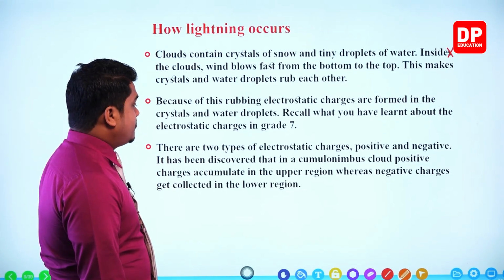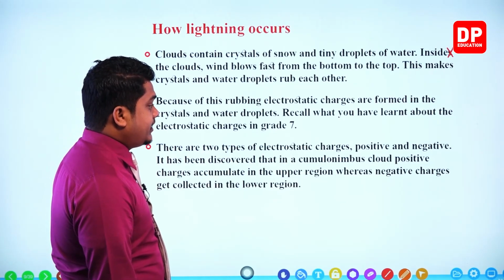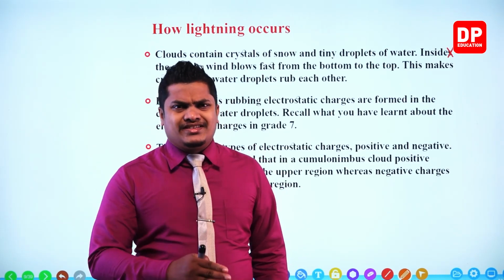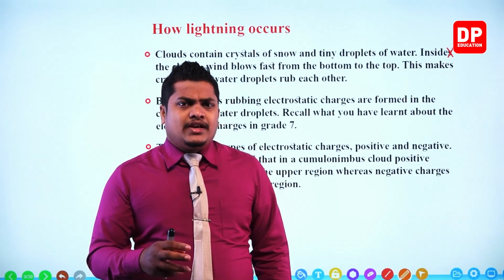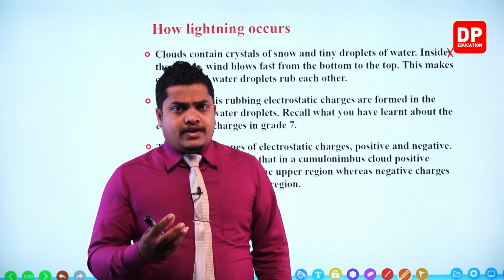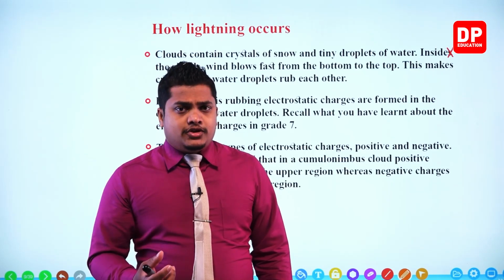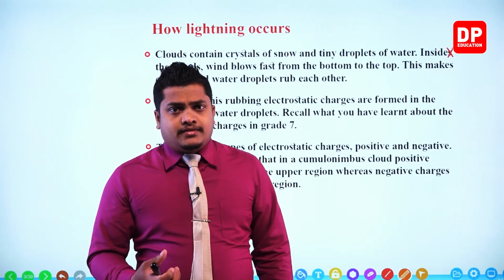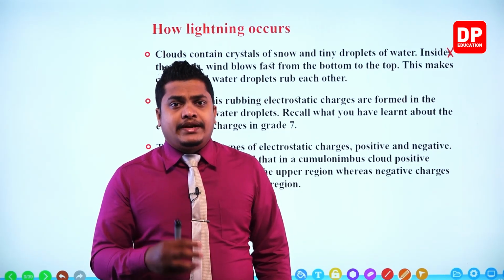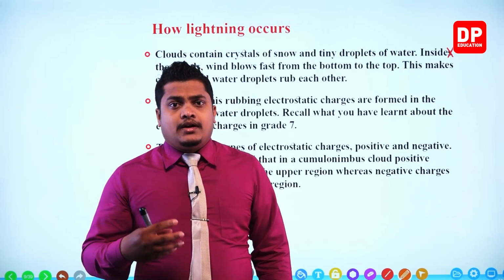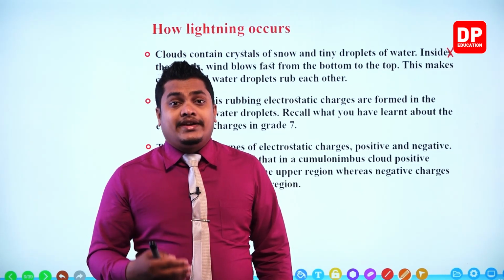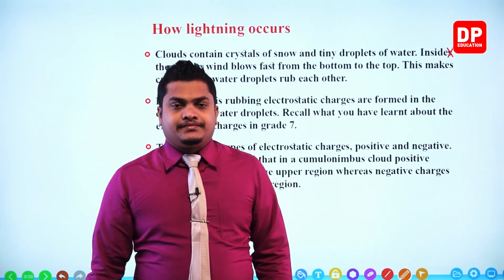Recall what you have learned about electrostatic charges in grade 7. We studied that, right? Can you remember we got several pieces of amber, polythene sheets, ebonite sheets and PVC rods, and we rubbed them using different materials like wool, cloth, polythene papers, silk cloth, and even our hair.